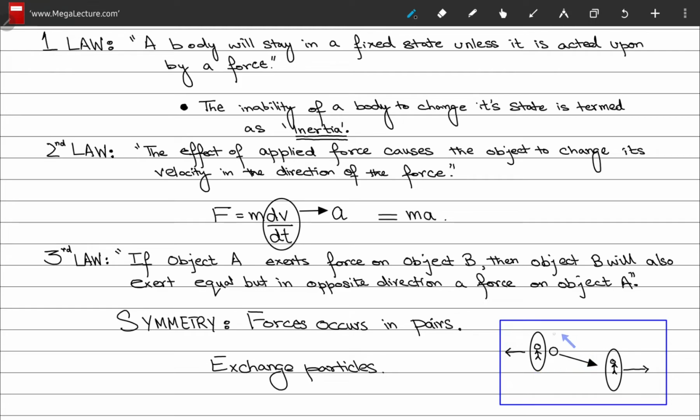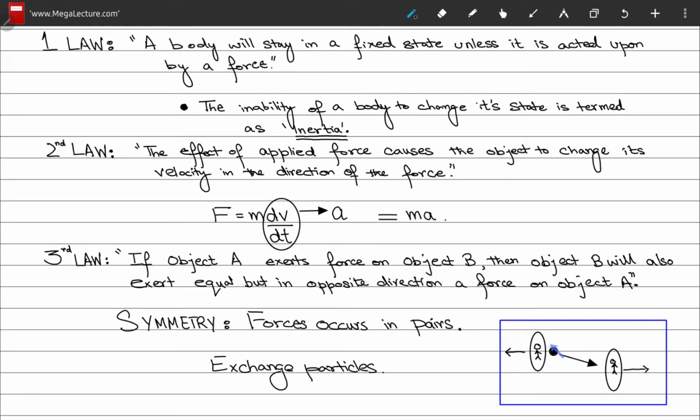So what really happened over here? We saw that there was a force produced by this person on that person, and then by that person in the opposite direction on this person. And how did that force get mediated? Mediated is a word that we use. It was mediated because of the exchange of this ball.